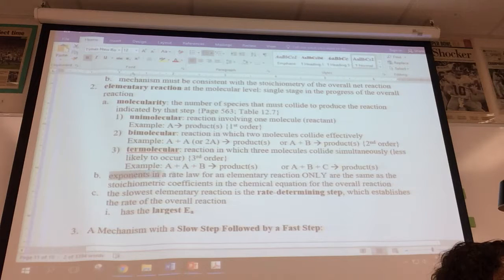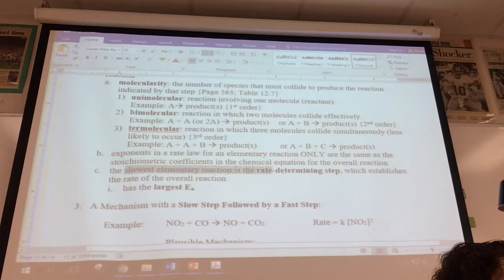So exponents in a rate law for an elementary reaction only are the same as the stoichiometric coefficients in the chemical equation. So this is a little bit tricky. You can write rate laws from the slow step of an elementary reaction only. Be careful.